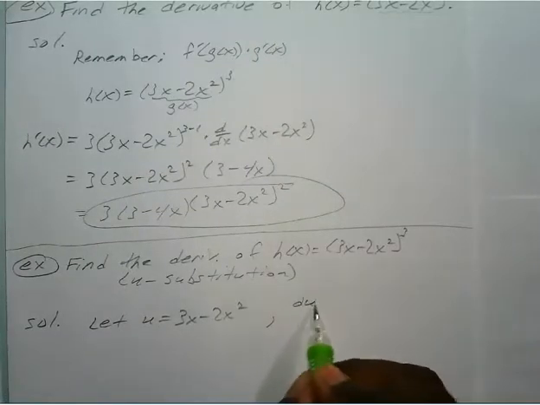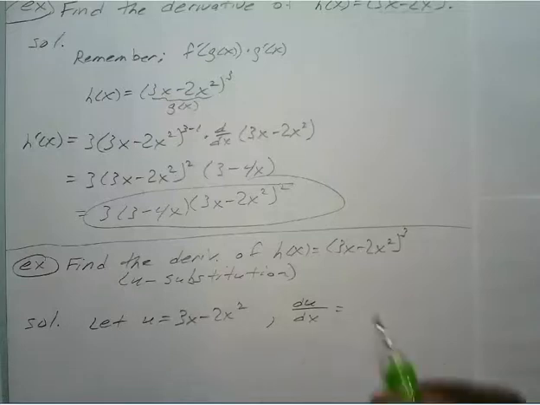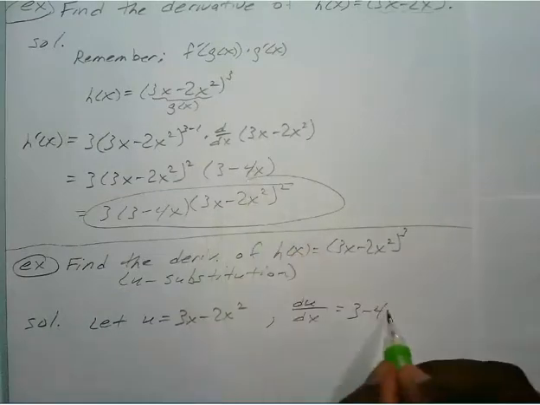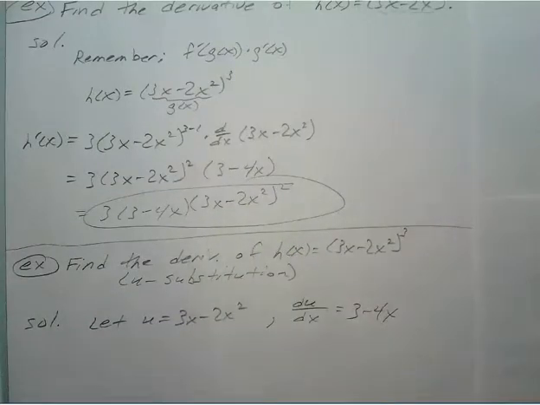So the derivative of u with respect to x is equal to 3 minus 4x, so we did it up there. Okay, so if you remember, the derivative of h with respect to x is equal to the derivative of h with respect to u times the derivative of u with respect to x.